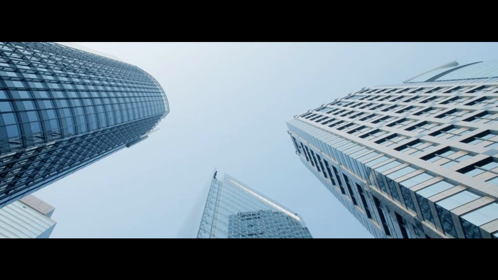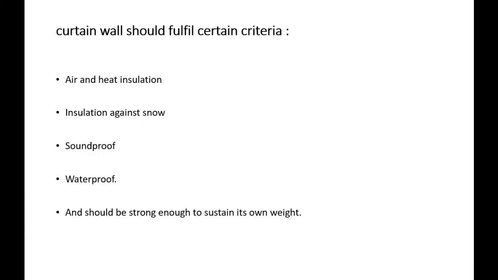So first and very important, they reduce the energy consumption due to the insulation they give to the structure. It forms a kind of cover to the existing building, so they definitely allow less light.